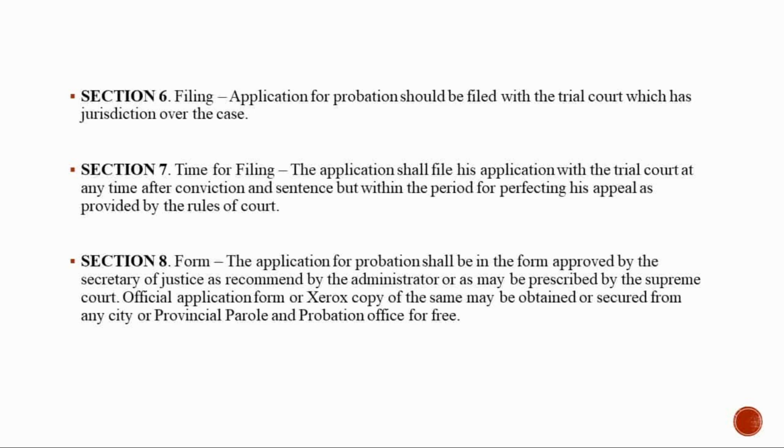So the probationer must use only one official approved form, as authorized by the Secretary of Justice, recommended by the administrator, or prescribed by the Supreme Court. They can get the original or a copy free of charge from any city or provincial parole and probation officer. No other form is accepted.